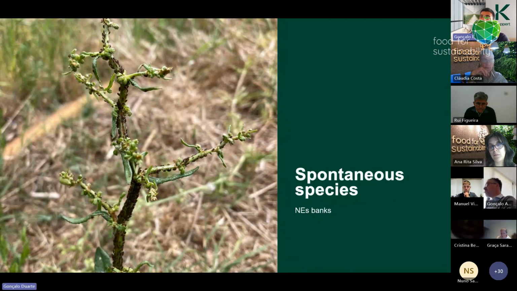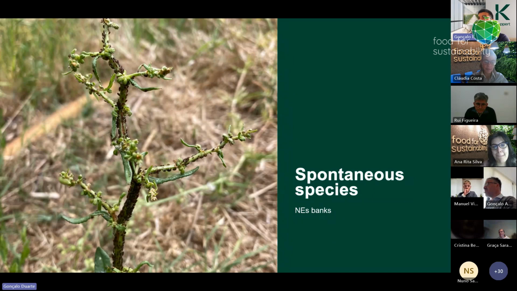This is also an example that we don't always have to introduce things to the system. Oftentimes we need to know what's already there because there are already good things, and the key is just not to destroy it. So here you see a plant that is very common in agricultural systems, and this has a colony of aphids, also specific.